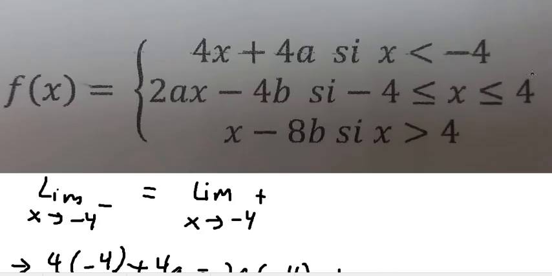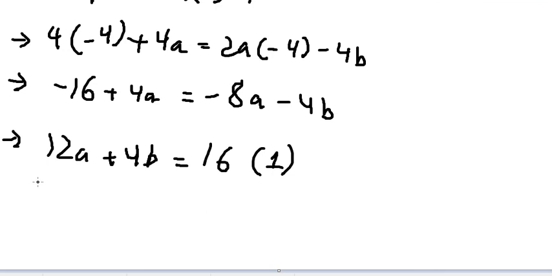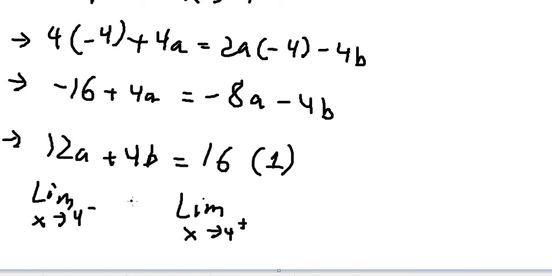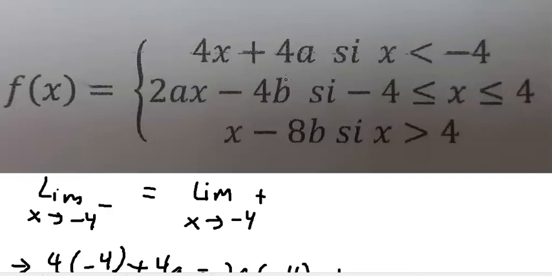Now let's go to positive 4. We need the limit on the left of positive 4 and the limit on the right of positive 4 to be equal. So I will put 4 in here and 4 in here.